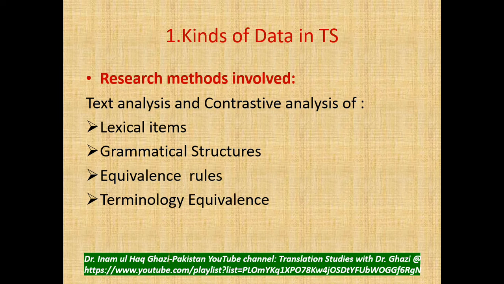As far as this category is concerned, a researcher can choose lexical items for his or her analysis, grammatical structures, phrases, or equivalence rules, or terminology equivalence, and many other aspects.